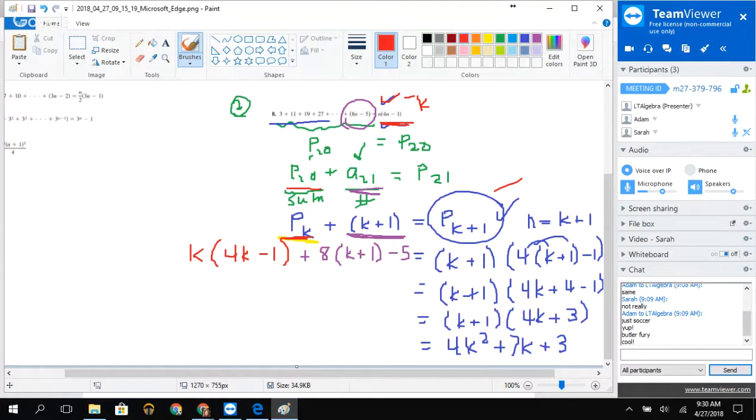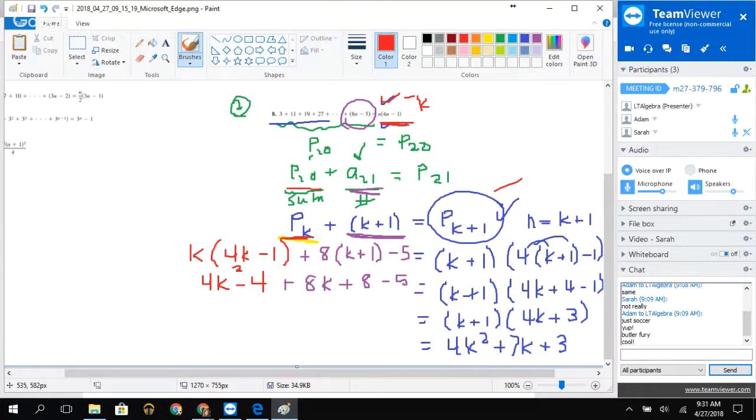So my p sub k term is 4k minus 4, and then my k plus 1 term is 8k plus 8 minus 5. I totally forgot a squared here.